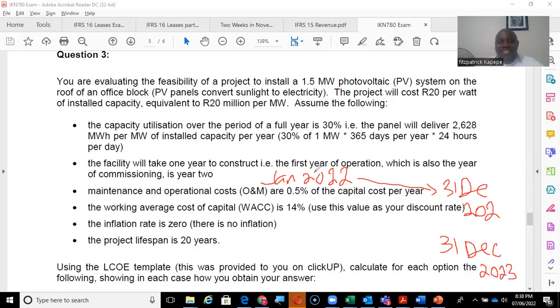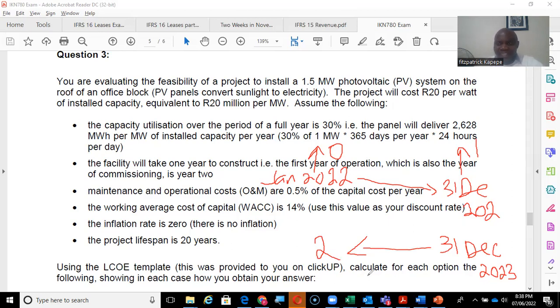So we agree that this one is year 0, then this one is year 1, meaning that you're going to start your production with the full production, for the full year, ending on 31st December 2023.